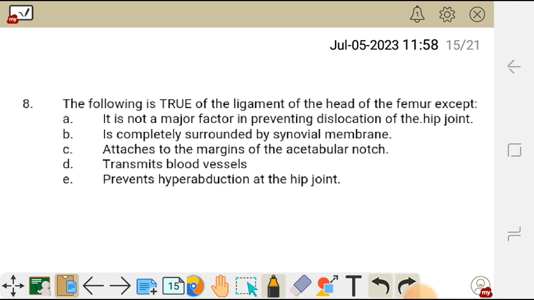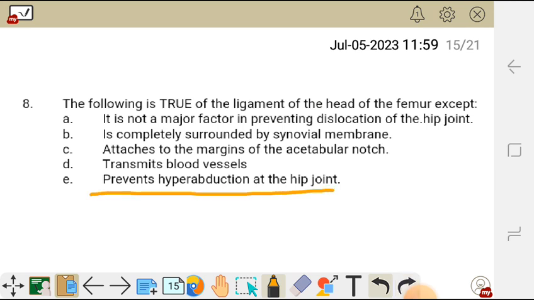Then it is also transmitting that vessel we talked about, which is coming from the obturator artery. Okay, so the one which is except E. So E, prevent hyperabduction at the hip joint.